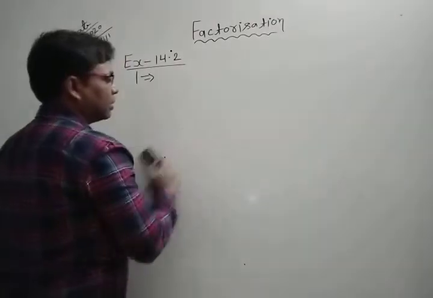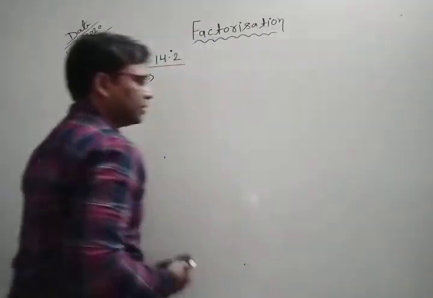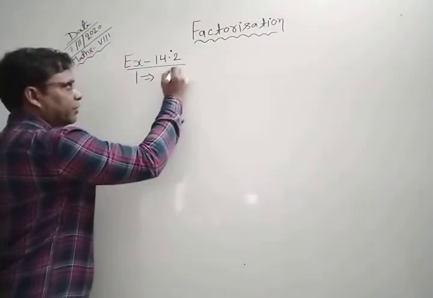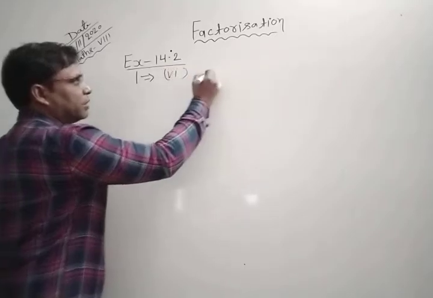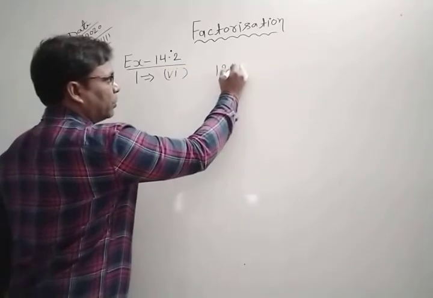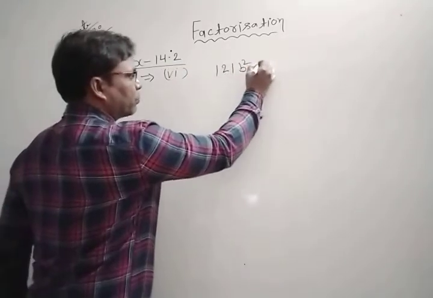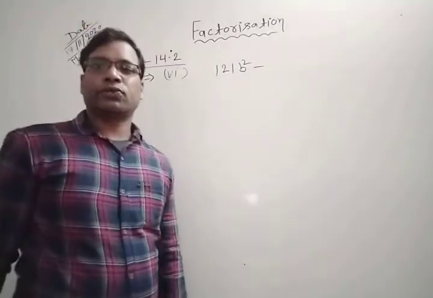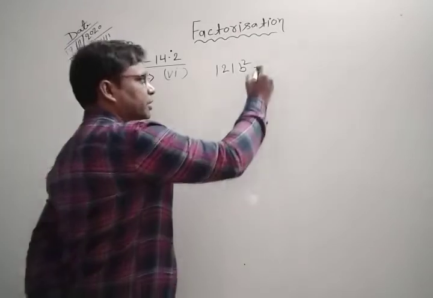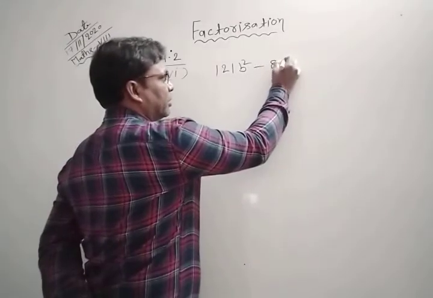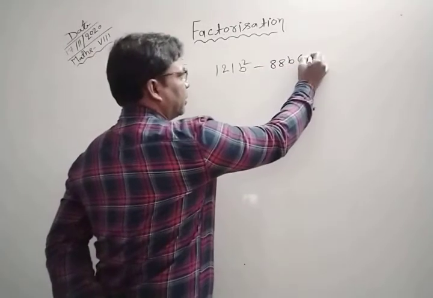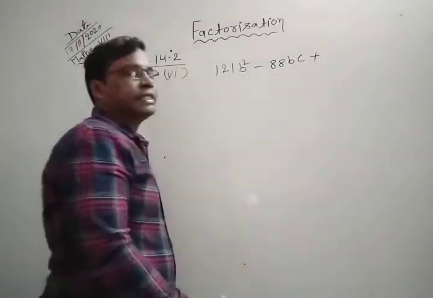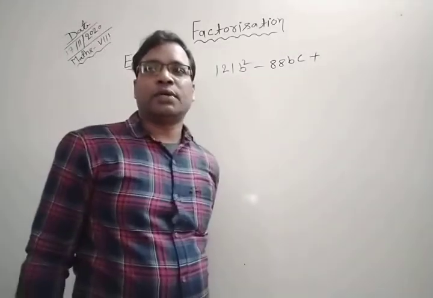In this sixth part of question number 1, it is given 121 b square minus 88 bc plus 16 c square.